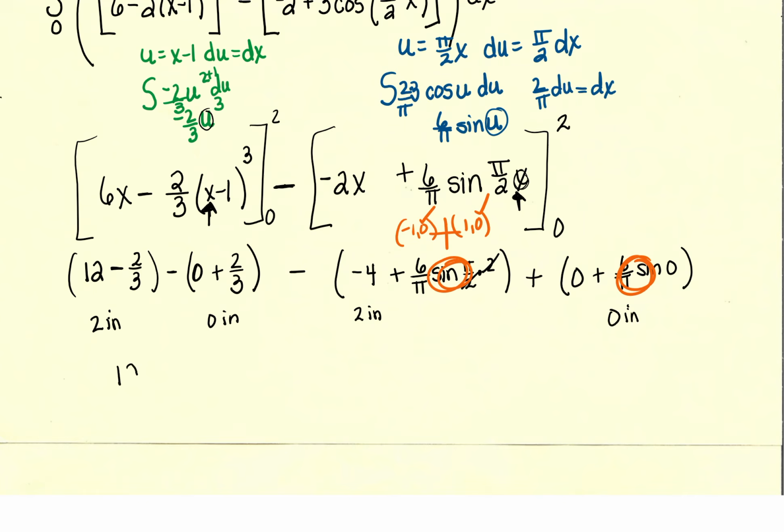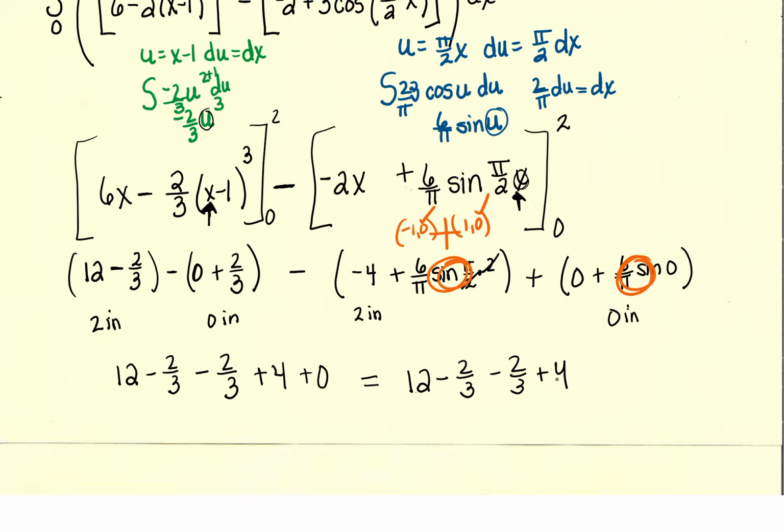So I'm going to have 12 minus 2/3 minus 2/3. That turns into a plus 4, and then that's just all zeros. So then I have 12 minus 2/3 minus 2/3 plus 4.